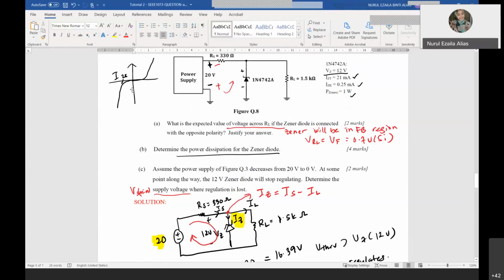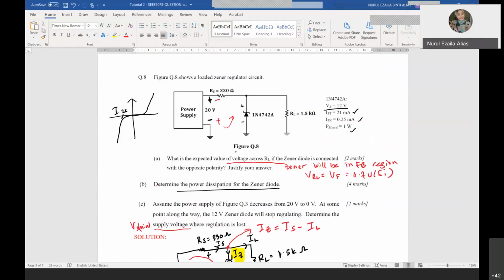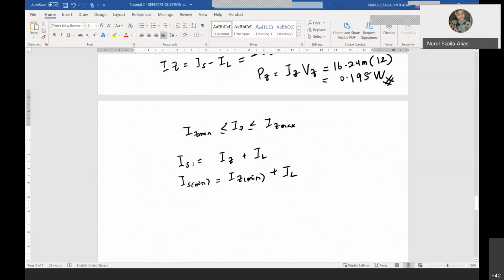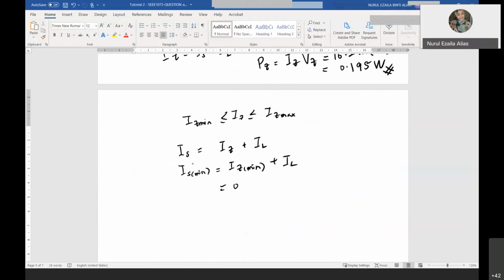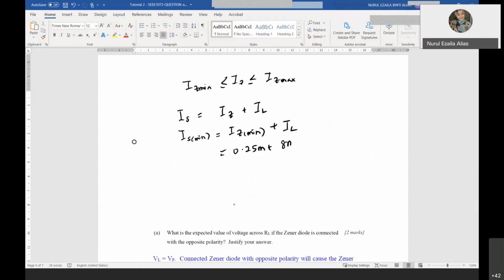Therefore that is IZ minimum, which is 0.25. And IL you have calculated before, which is 8 milli. So this part you will get 8.25 milliampere.